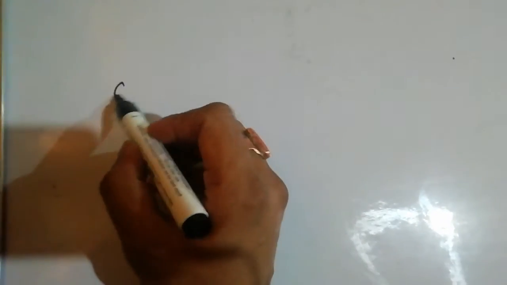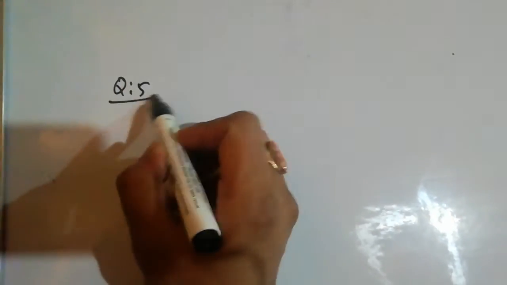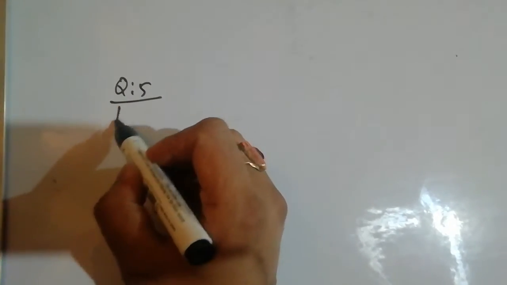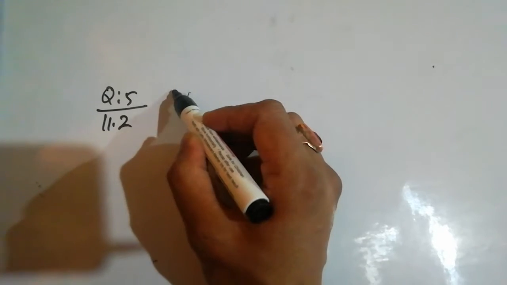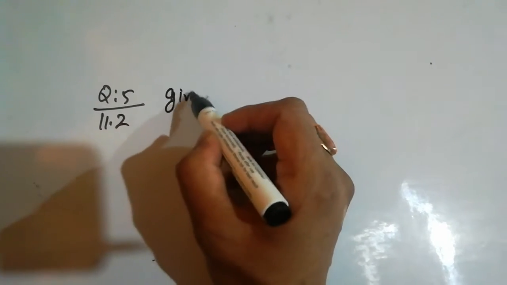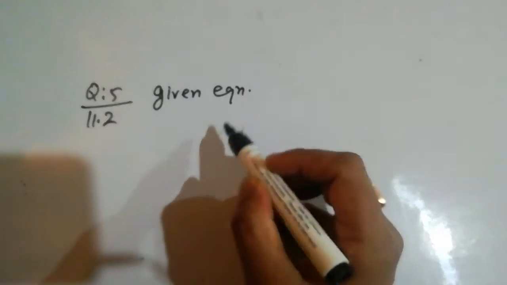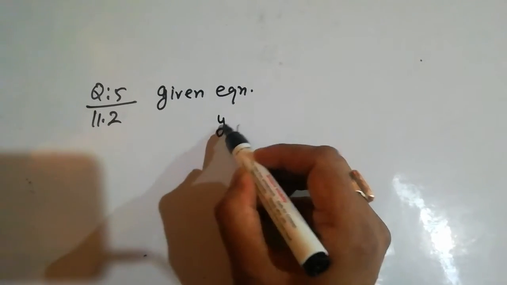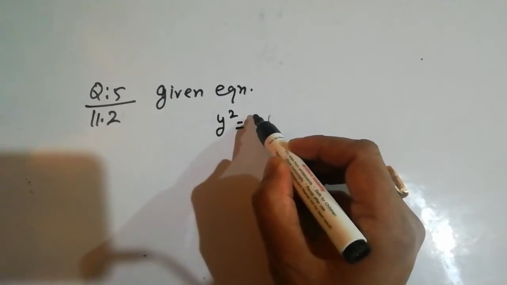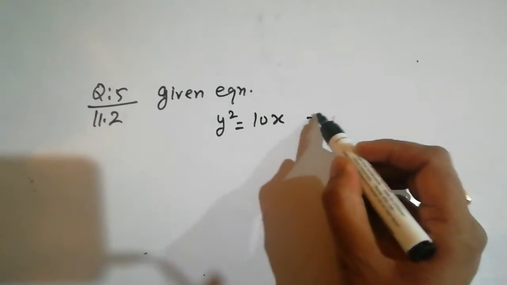Suppose your question is question number 5 of exercise 11.2. So first of all we have to write the given equation. The given equation is y square equal to 10x. Give it as number 1.